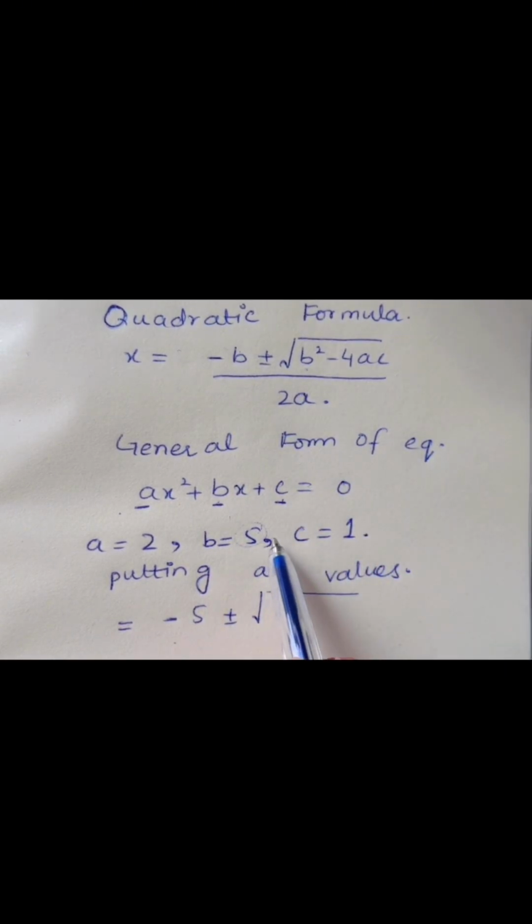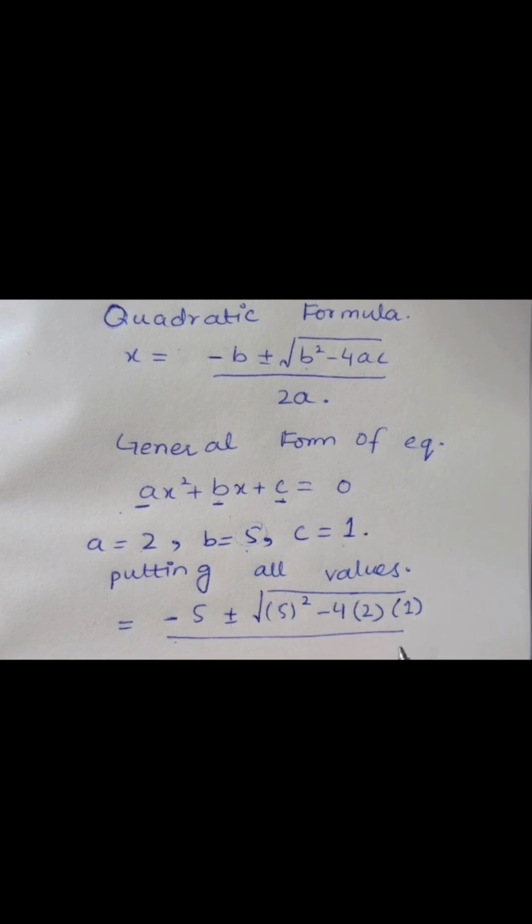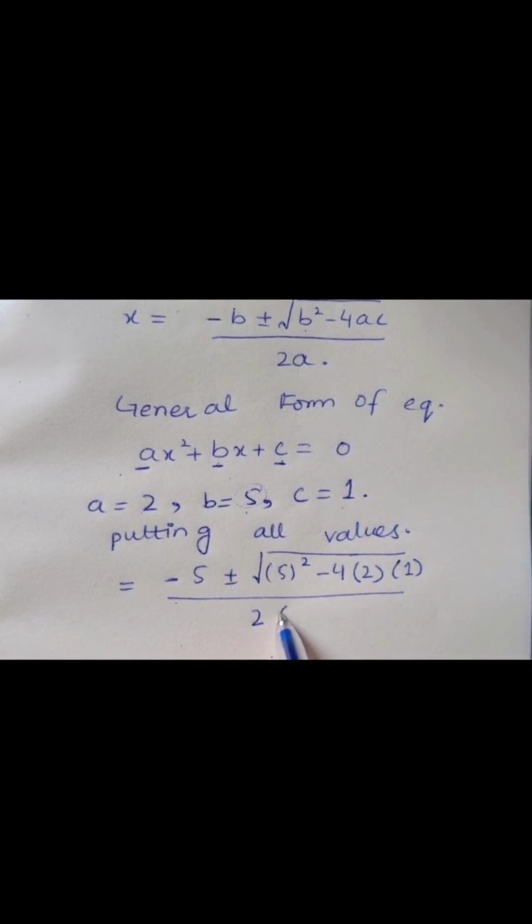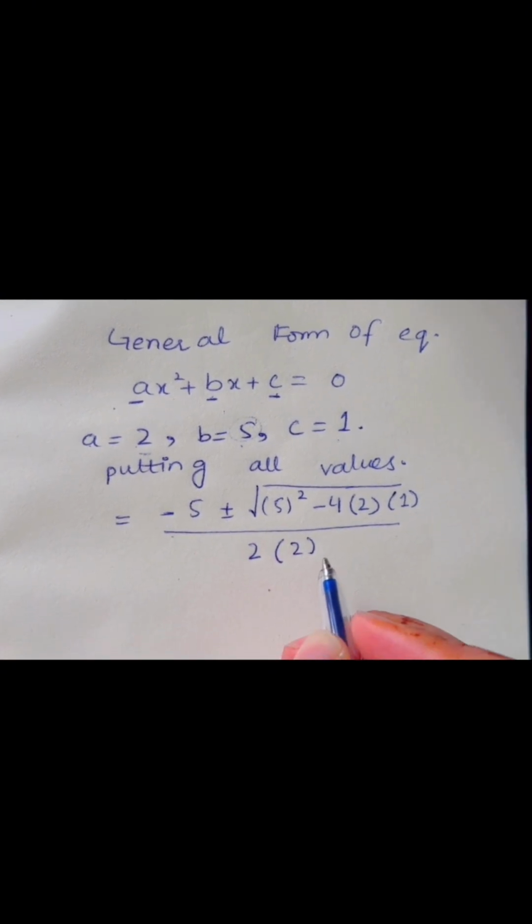Now we have b square, so we will write 5 square minus 4. A is equal to 2, so we will write 2, and then c is equal to 1, so 1, divided by 2a, and 2a is equal to 2, so 2 multiply with 2.